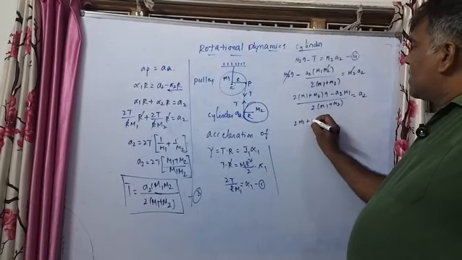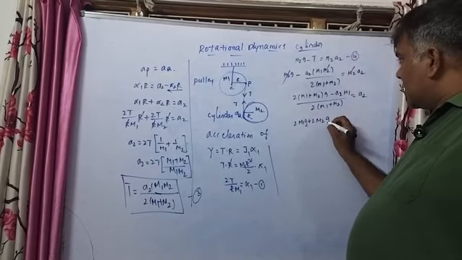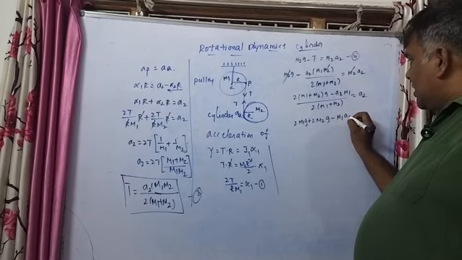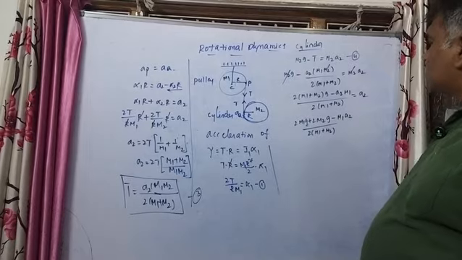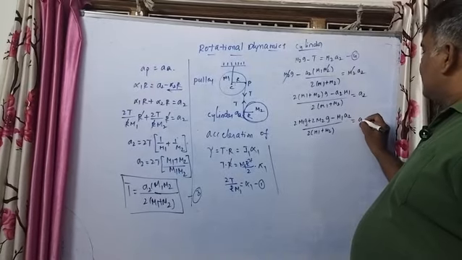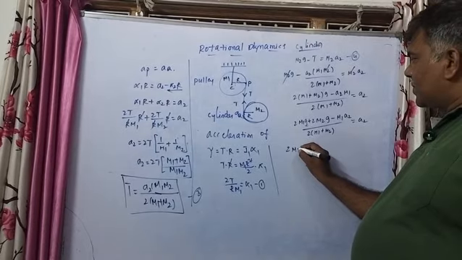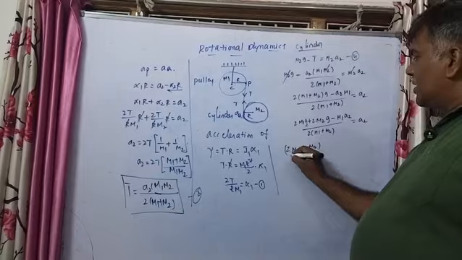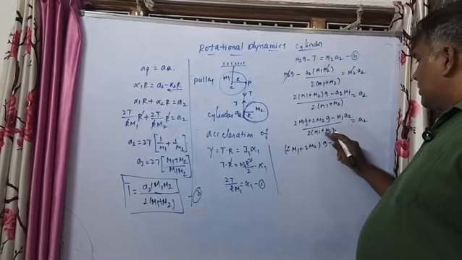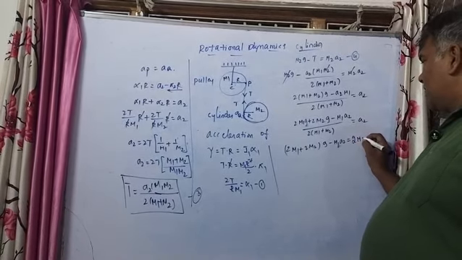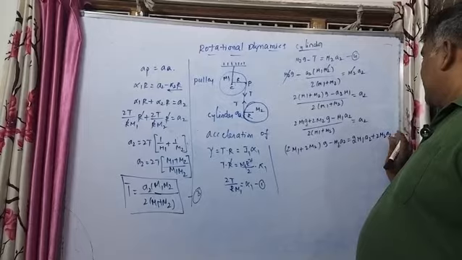So 2 into M1 plus 2 into M2 into G, minus M1 A2 divided by 2 M1 plus M2, is equal to A2. Taking this side, 2 into M1 plus 2 into M2 into g minus M1 A2 is equal to 2M1 into A2 plus 2M2 into A2.